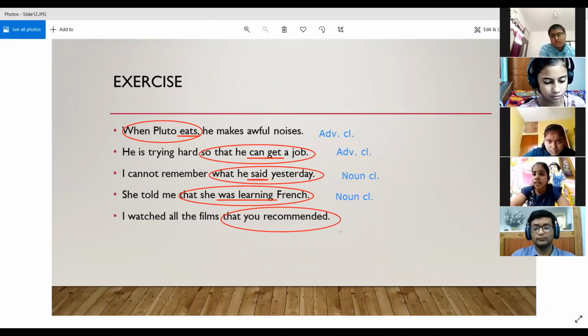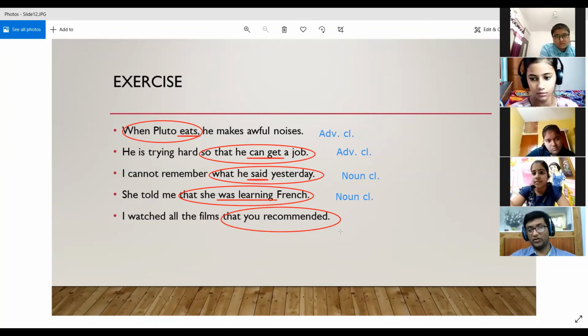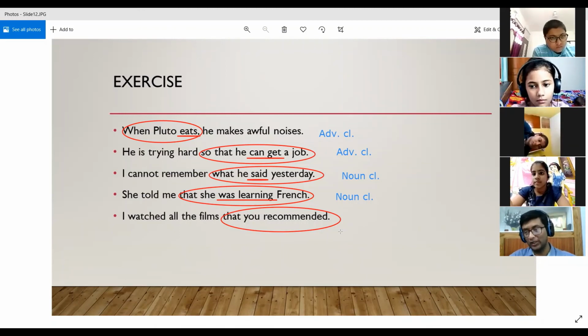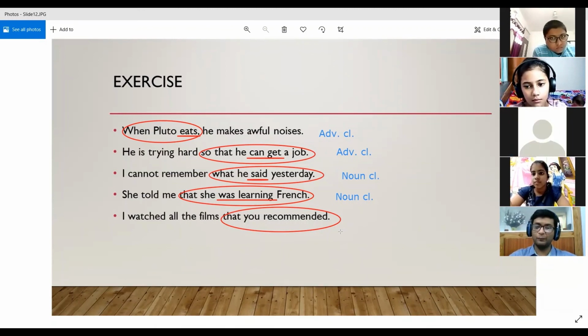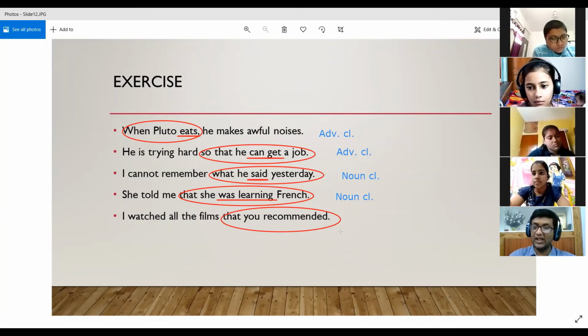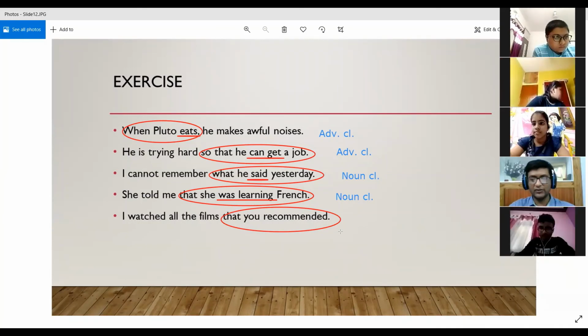Sir, because it is describing the films in "I have watched all the films that you recommended." Yes. So which films have I watched? Those are the films that you recommended. So some extra information is being provided about the films that I watched, right? So that is why it is acting as an adjective.